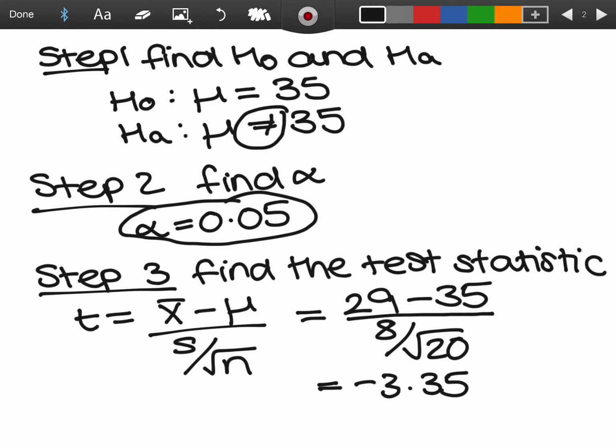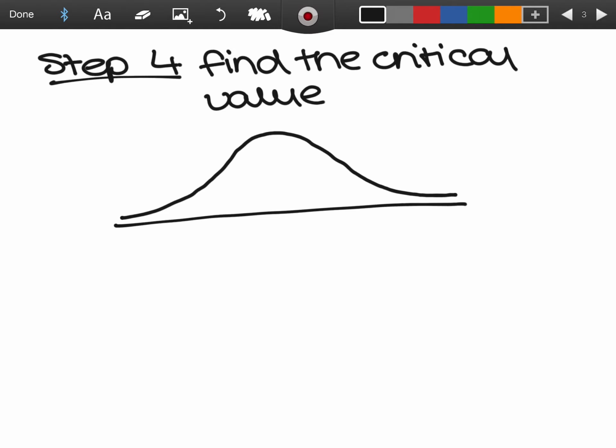Because we have a two-tailed test at the 0.05 significance level, we need to have 0.025 on either tail. So at the lower end, we want 0.025, and at the upper end, we want 0.025. If you had a one-tailed test, whether it be left or right-tailed, you would put that whole 0.05 in either the left or the right tail. But we have a two-tailed test here, as we have a two-sided alternative hypothesis with a does not equal. So because of that, we're going to end up with two different critical values.